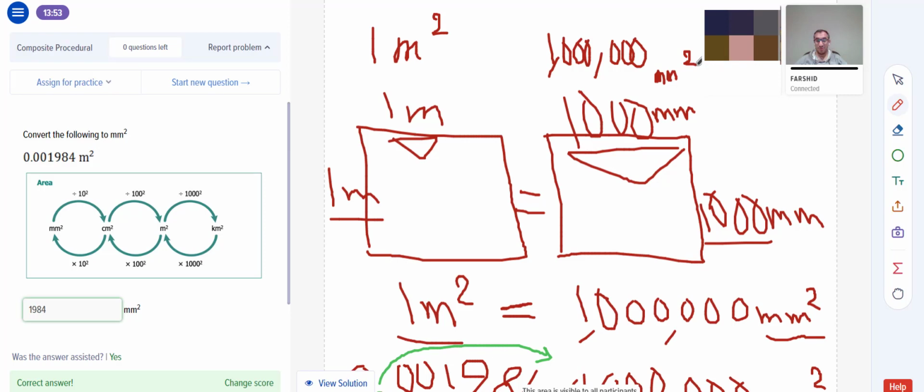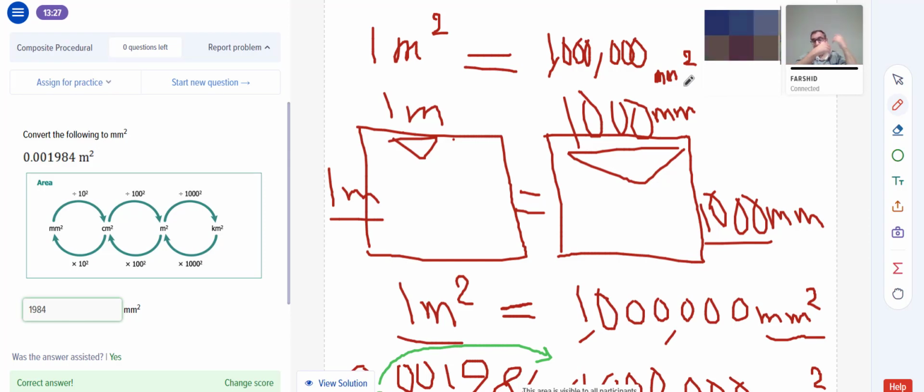So please use 2 different scales, but the same area, and then say that, okay, on the left side, I have 1 square meter, but on the right side, I have 1 million square millimeter. What does it mean? Any square meter multiplied by this 1 million will become 1 million square millimeter.